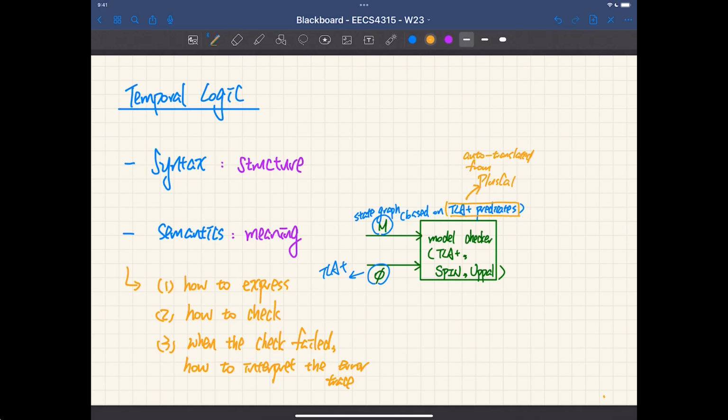Okay, 3 outcomes. Either the model checker will tell you, yes, the formula is satisfied. That's true, all right? Or it might tell you that, no, it's not the case.